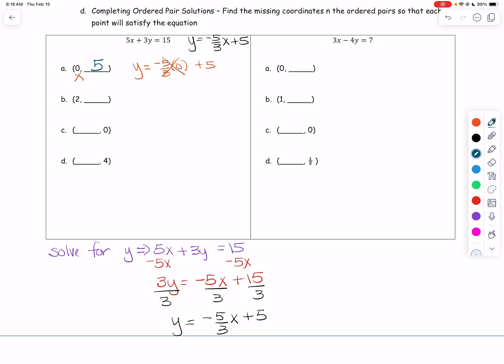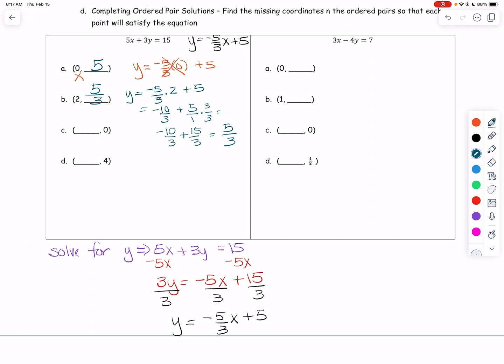So now y is negative 5/3 times 2 plus 5, which is equal to negative 10/3 plus 5. And so let's make this into a fraction. So now we get negative 10/3 plus 15/3, which is 5/3. And that would go here.